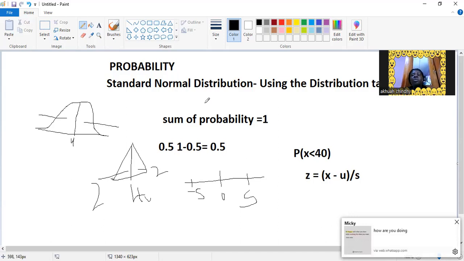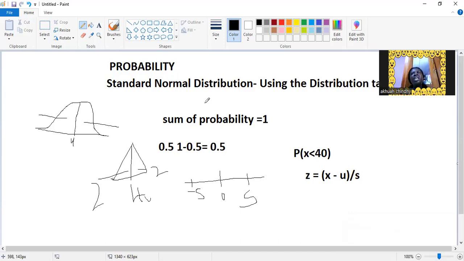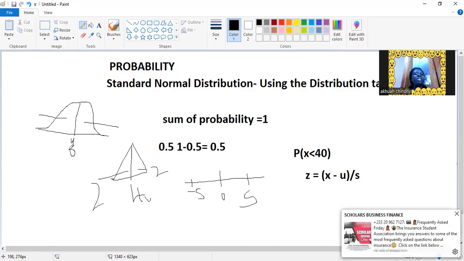So what the distribution table helps us to do is that instead of having big figures that make it difficult for us to find a probability, the table tells us that we should assume the mean is 0, the center is 0. So whatever happens here is supposed to happen here.